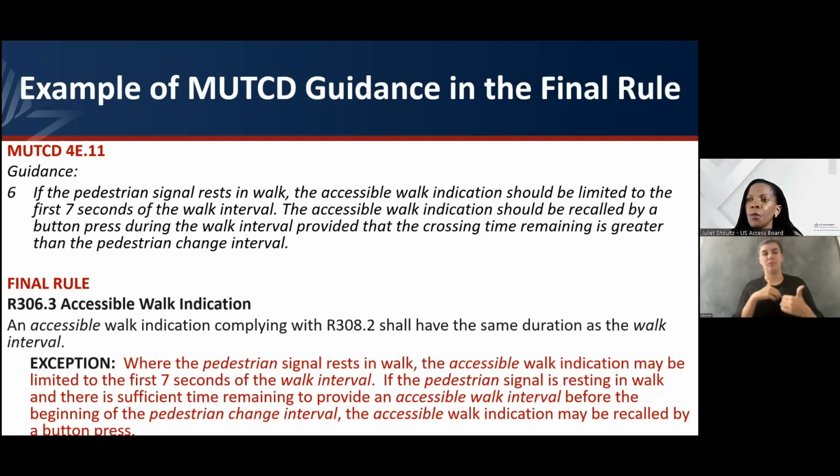We have a requirement for accessible walk indication, and this MUTCD language has been placed in the exception. So where the pedestrian signal rests in walk, the accessible walk indication may be limited to the first 7 seconds of the walk interval. If the pedestrian signal is resting in walk and there is sufficient time remaining to provide an accessible walk interval before the beginning of the pedestrian change interval, the accessible walk indication may be recalled by a button press.